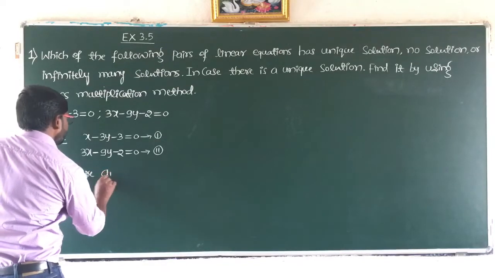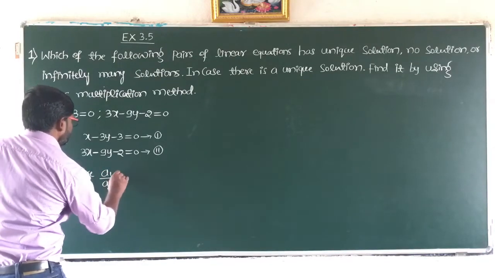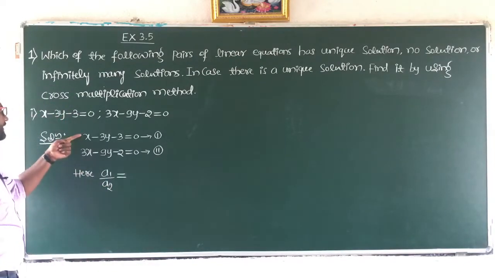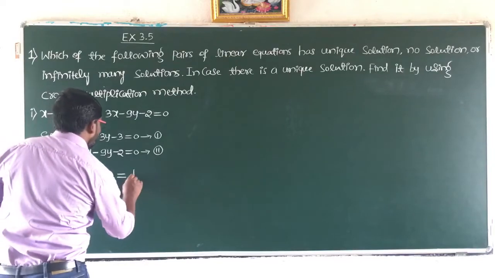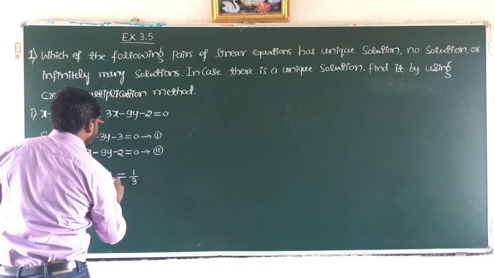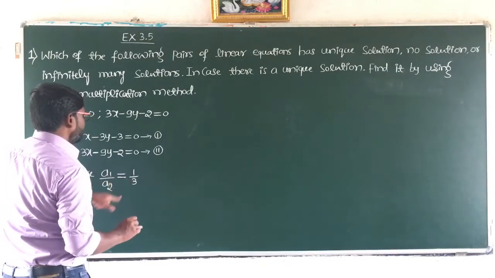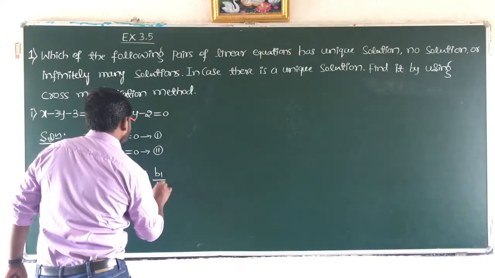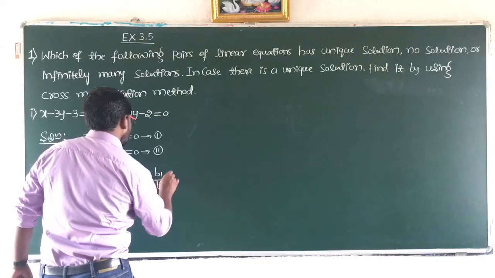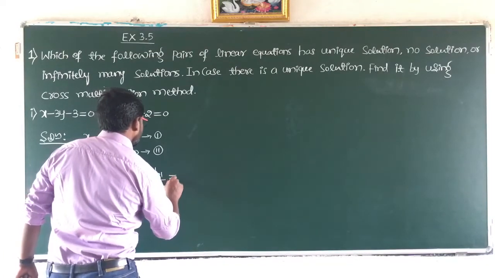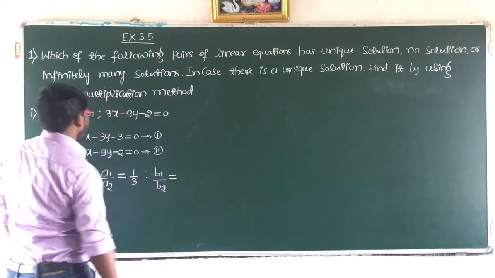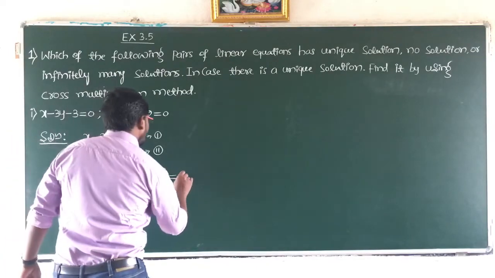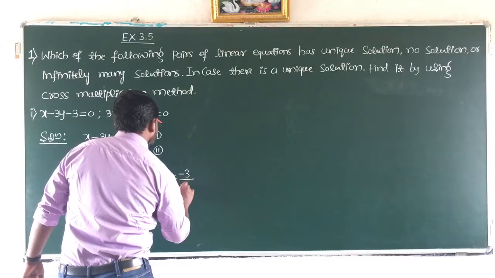a1 by a2 is equal to 1 by 3, since a1 is 1. Then b1 by b2 is equal to minus 3 divided by minus 9.